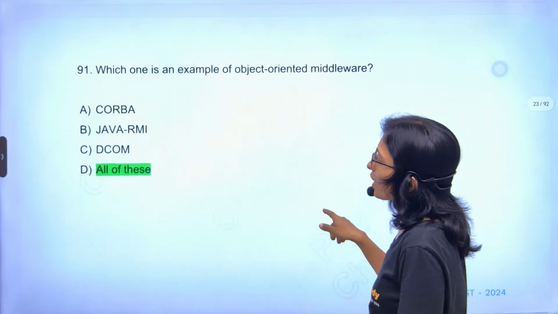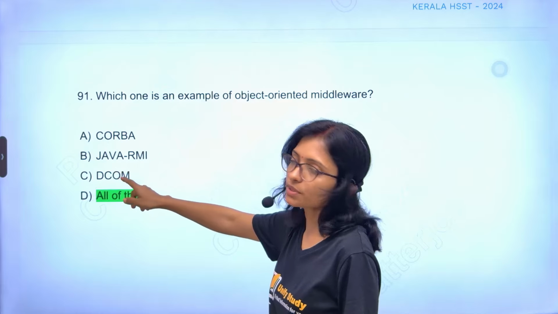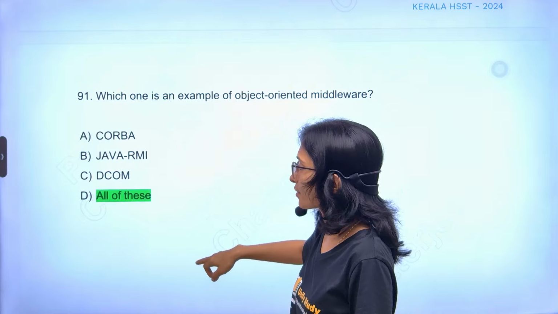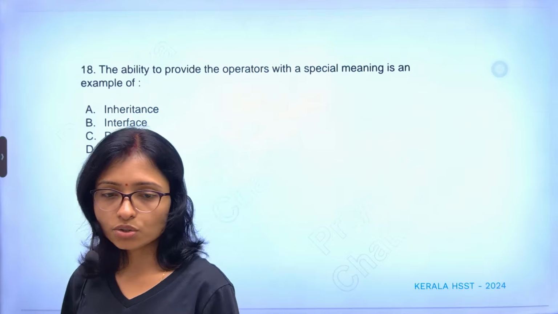Which one is middleware? CORBA, Java RMI and DSOM, these all are middleware here. That's why all of these are the correct answer. Now do this.